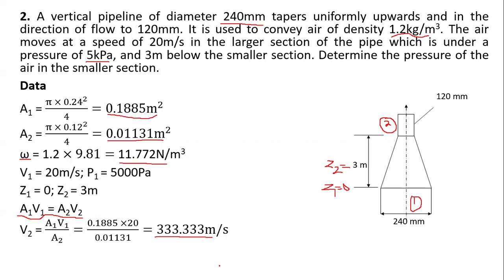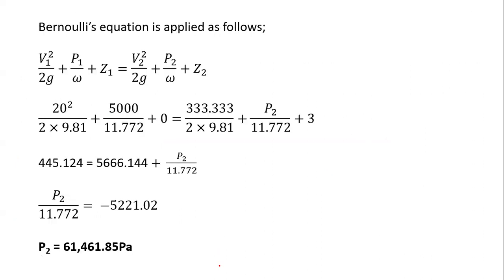Now, the question is saying determine the pressure of air in the smaller section. So since we have all the values we need, we go back and plug into Bernoulli's equation. Bernoulli's equation: V1 squared over 2g plus P1 over omega plus Z1 is equal to V2 squared over 2g plus P2 over omega plus Z2. V1 was 20 squared over 2 times 9.81.